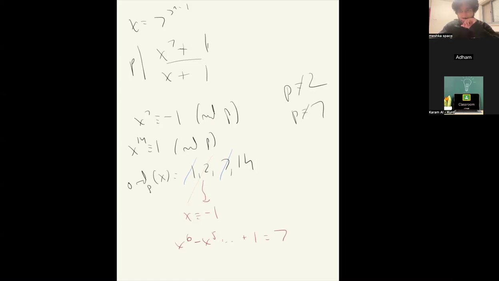Here's the thing. We know this is true if and only if the order of 7 to the 7 to the n minus 1 mod p is 14. So what does that mean?